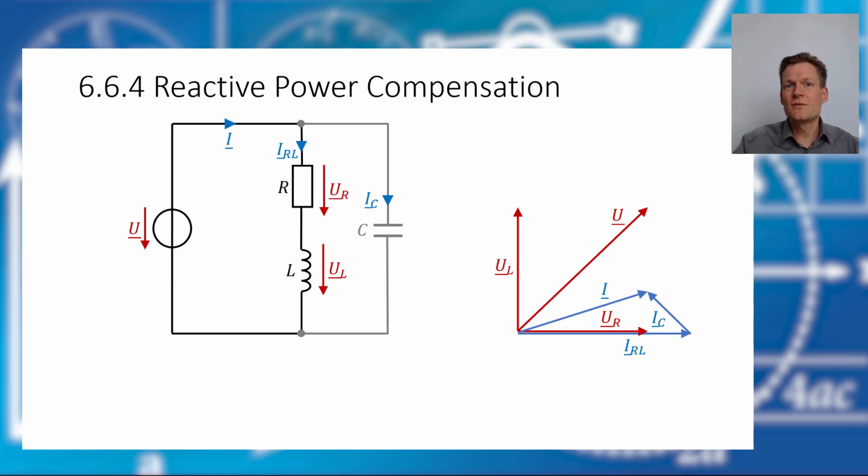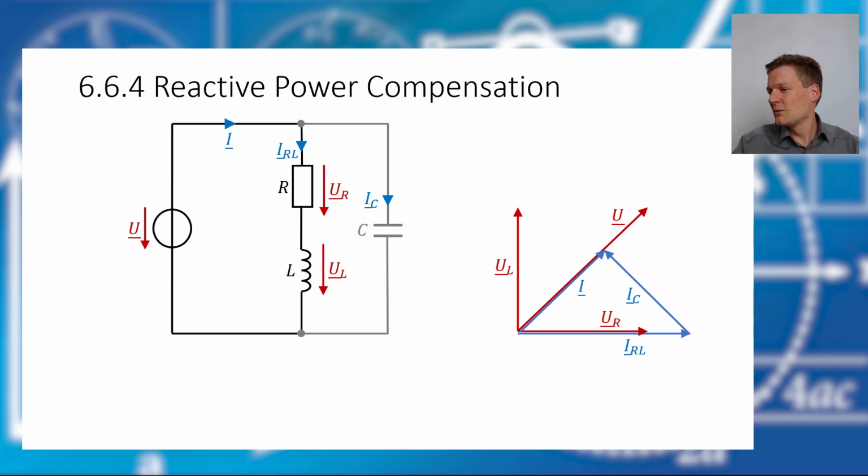But if I use the correct value for our power compensation, then the current through our capacitor will be bigger, and this will lead to this situation.